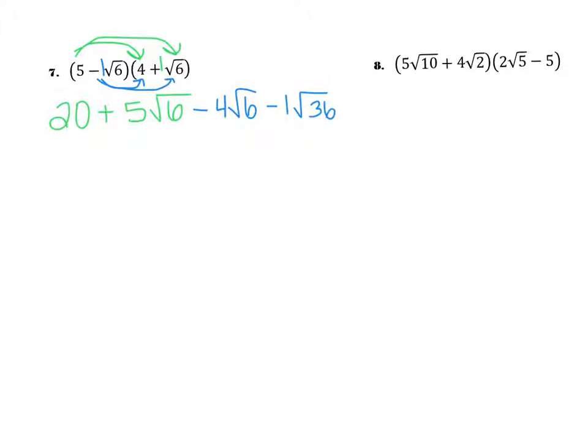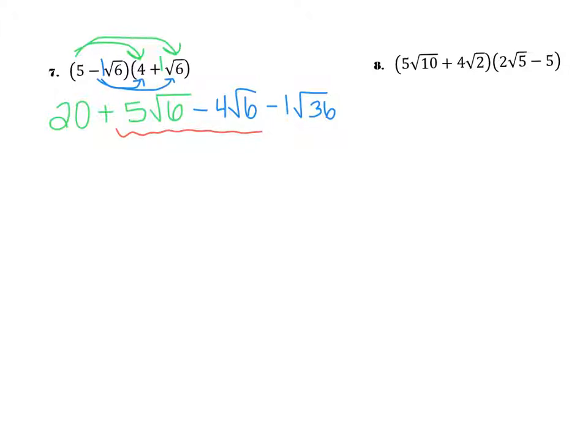Okay, now this looks like an a-okay answer until I take a closer look. I'm realizing a couple things. The first thing I noticed, and I'm curious if anyone else caught on as I was writing those 4 terms, did you notice some like terms here in the middle? The 5 square root 6 and the minus 4 square root 6 can be combined together.